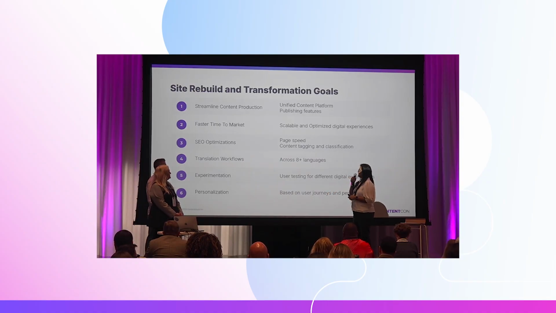And faster time to market. We needed a system that would scale to bring our solutions to our customers fast. And SEO optimizations, all the SEO goodness like page speed, core web vitals, tagging, classifications, all those were big goals as well.